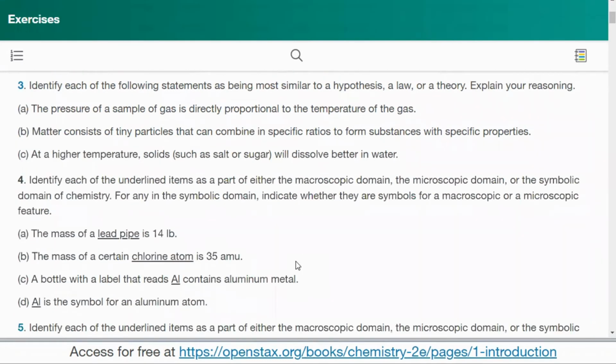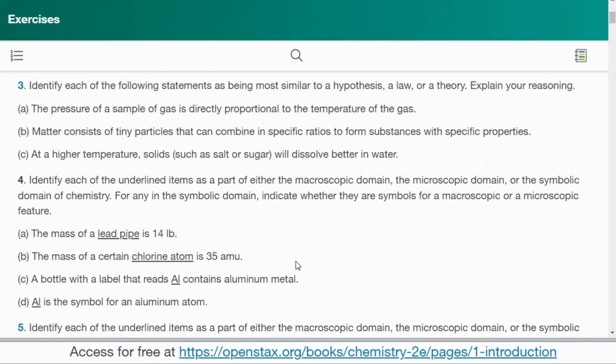Question 3, identify each of the following statements as being the most similar to a hypothesis, a law, or a theory. Explain your reasoning. Okay, I'm going to guess at this first, and then we'll see what the answers are. A, the pressure of a sample of gas is directly proportional to the temperature of the gas.